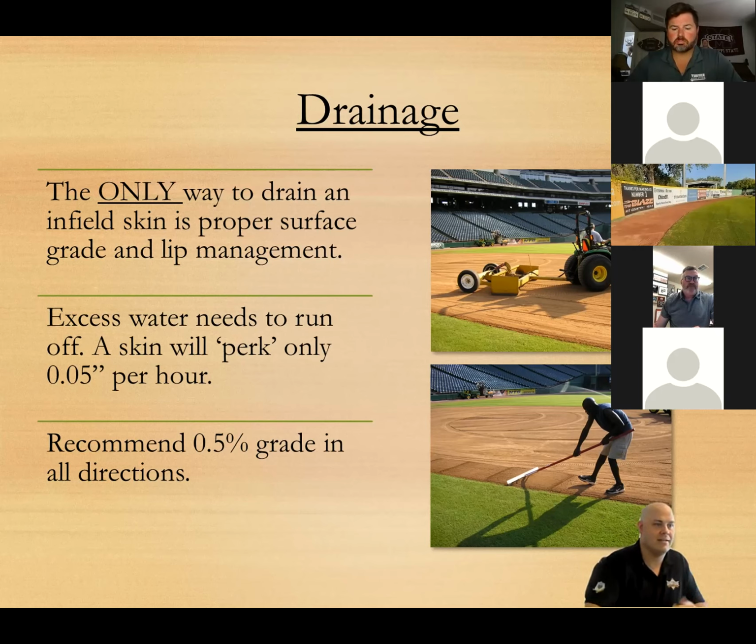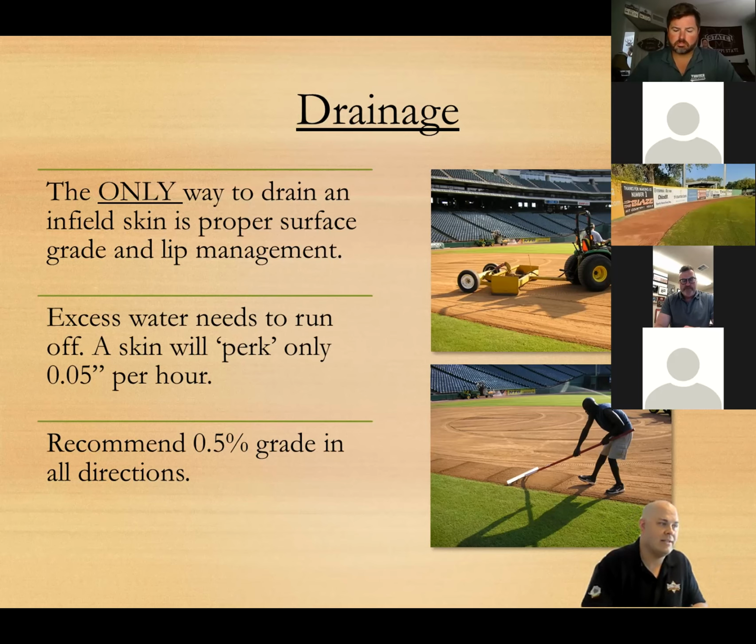Obviously, at the higher levels, it's a lot easier. Those guys drag a hose out 2 to 3 days before the homestand, and they flood the surface and allow that moisture to fall down through the profile. And as it does, they'll come out and put more water on it and allow it to infiltrate down through that profile.